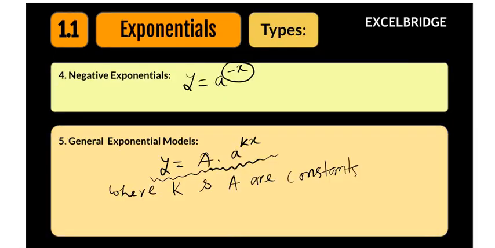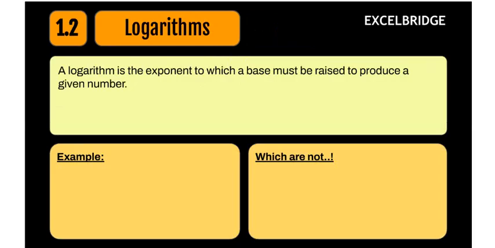So that's all from exponentials. Now we will discuss logarithm. What is a logarithm?